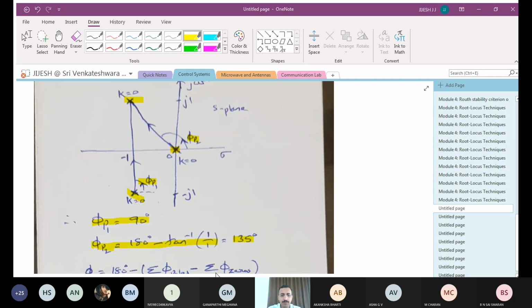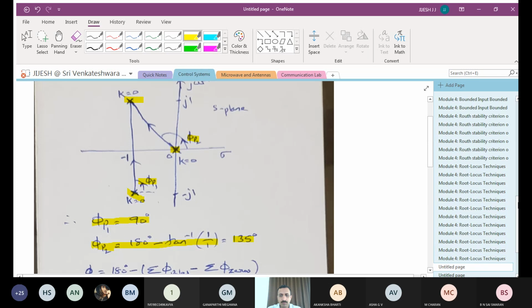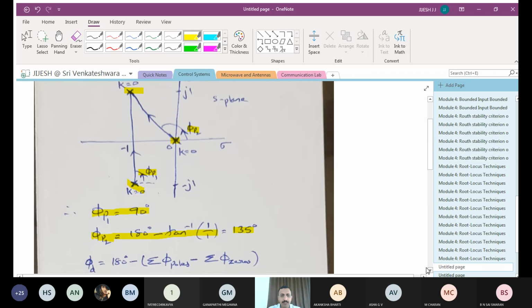Here, this was the first problem where you have come across the angle of departure. So just go through these steps. When we got the angles 90 and 135, you have the equation.